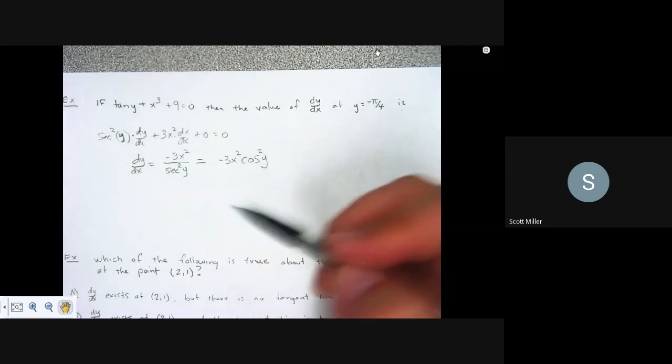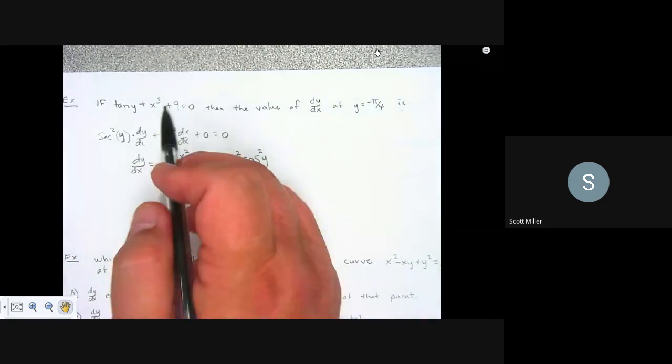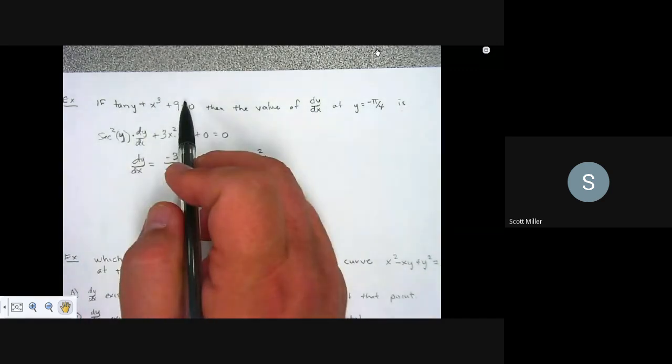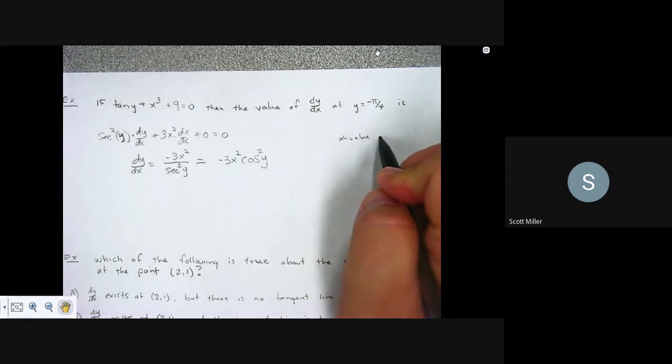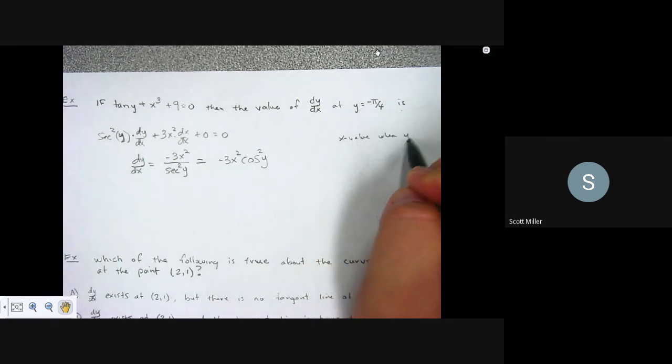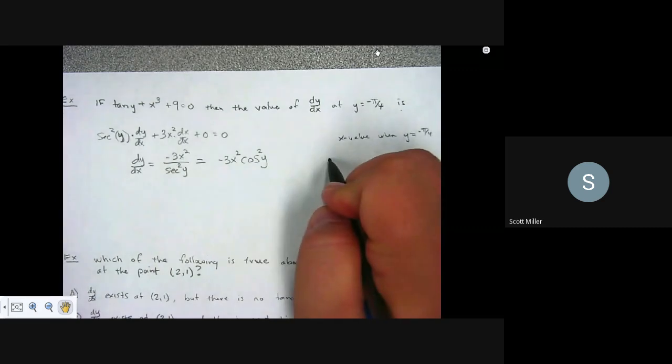When you're looking to find a value for x from an equation, you have to go back to the original. So I want to find the x value when y is negative pi over 4, which means I'm going to take y as negative pi over 4 and plug it into the original equation and then solve for x.